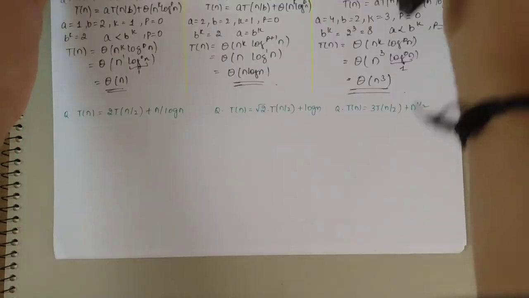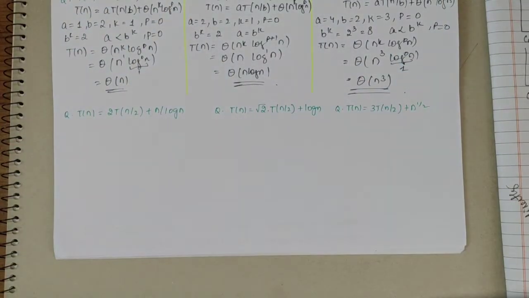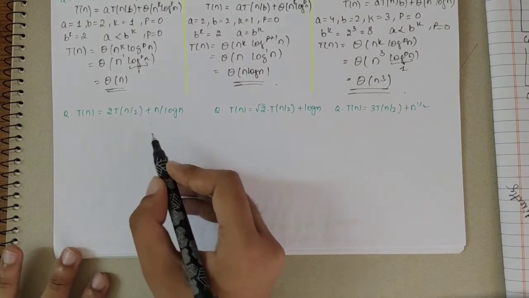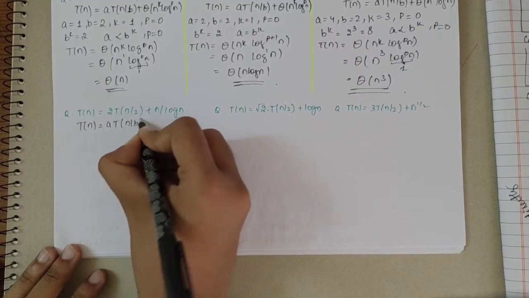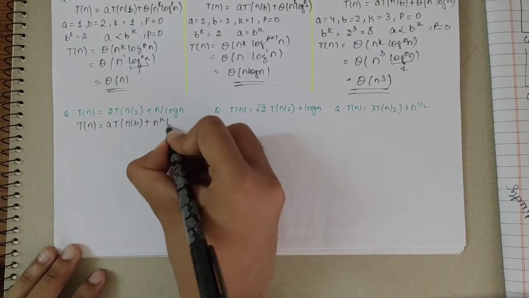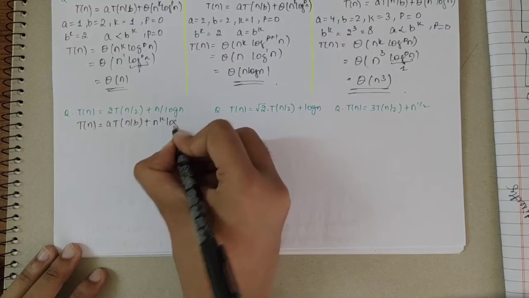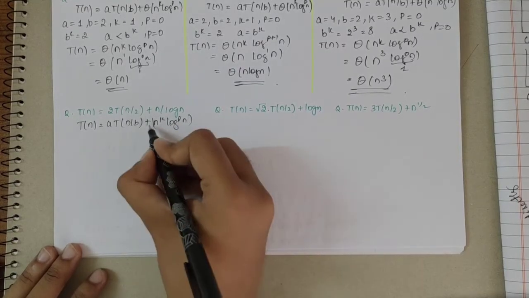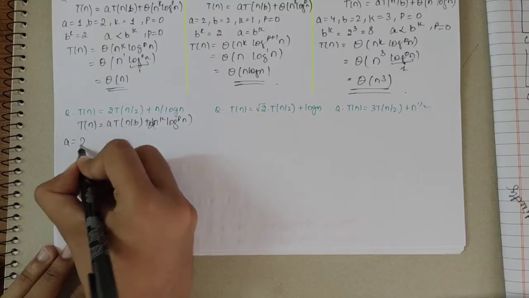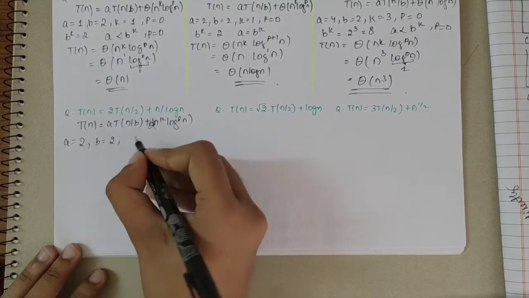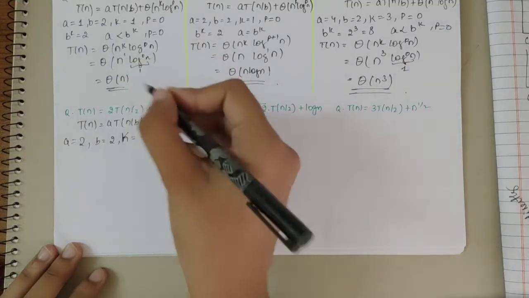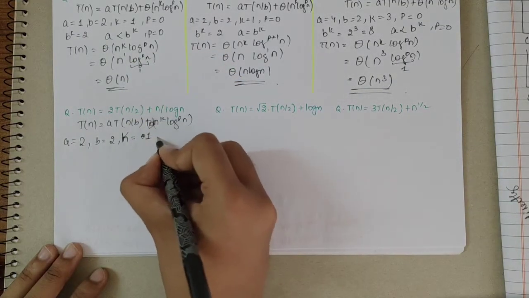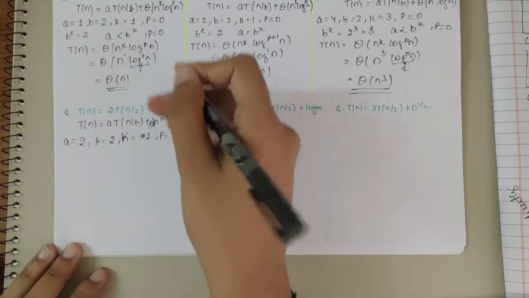So let's quickly solve for the other three recurrence equations also. So here T of n is equal to 2T(n/2) plus n by log n. So here I can write T of n is equal to a T(n/b) plus theta of n^k log^p n. So I get a value as 2, b value as 2, k value as 1 only, and p value as minus 1 because it is in the denominator, right?